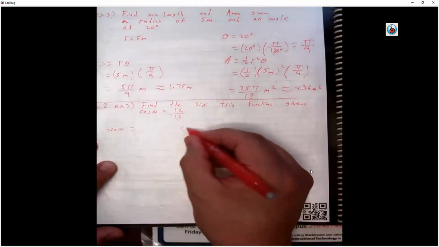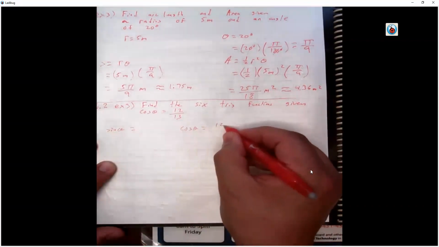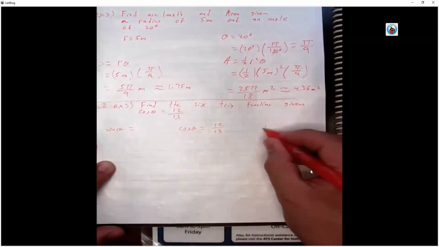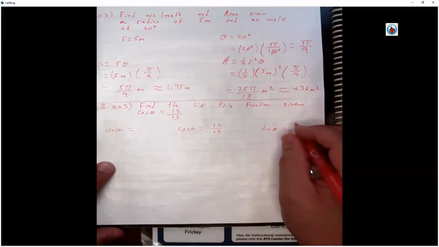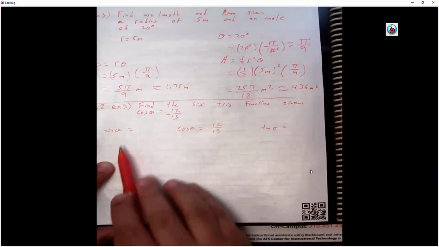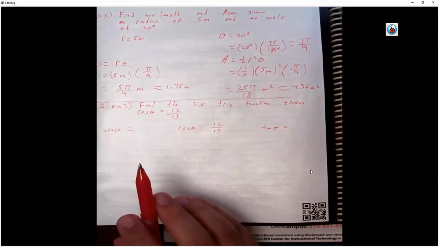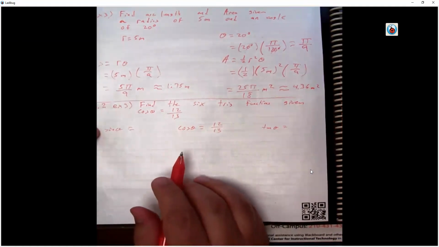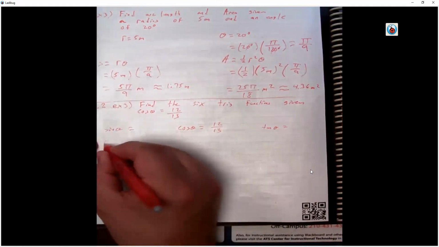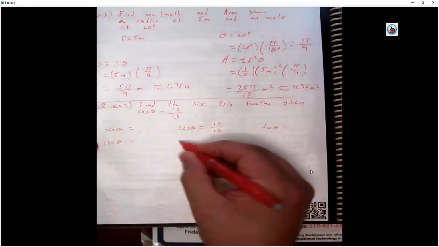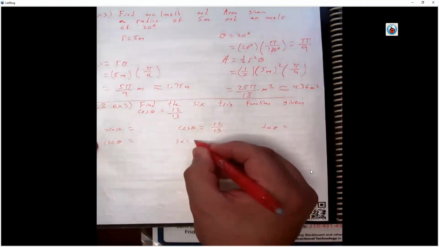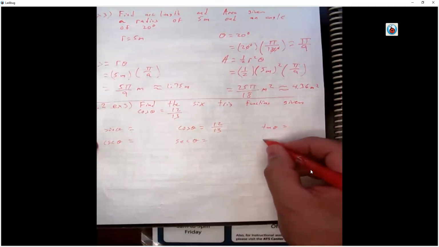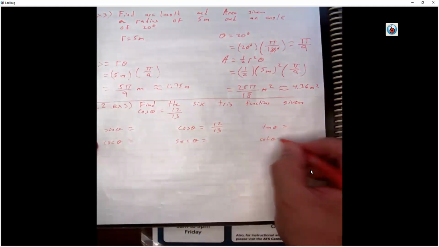They gave us cosine, tangent, and then I like to put the reciprocals right underneath. That way you can just flip them over. Reciprocal of sine is cosecant. Reciprocal of cosine is secant. Reciprocal of tangent is cotangent.